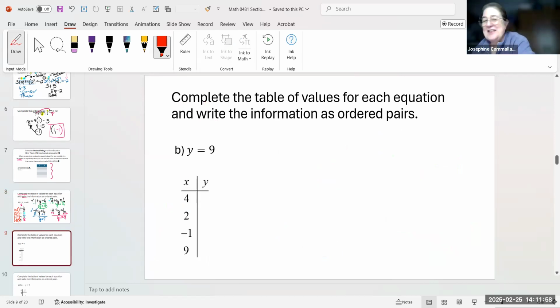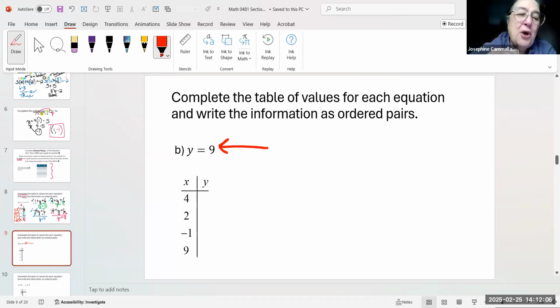Okay. This is where the fun comes in. Now, you have to know that this equation is really 0x plus y equals 9.